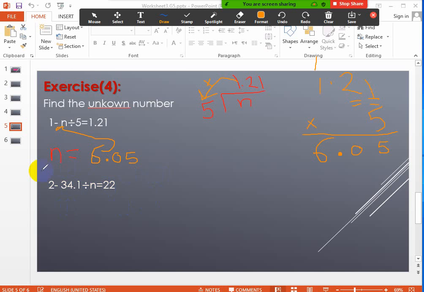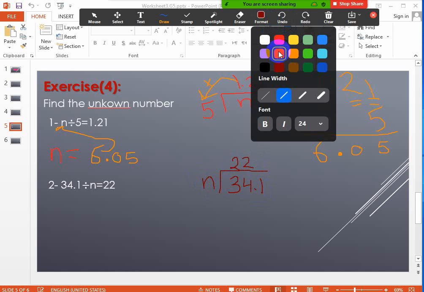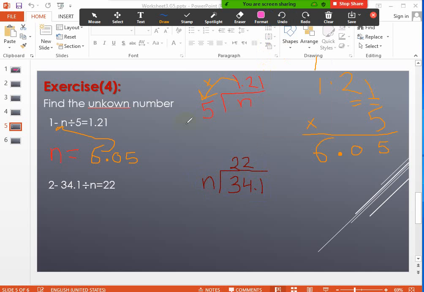Now, the second exercise. 34.1 divided by n equals 22. Also, I learned something here to find the divisor. You have the dividend 34.1. It will be divided by n and the answer will be 22. How will I find the divisor here? I want to divide to find the unknown number.